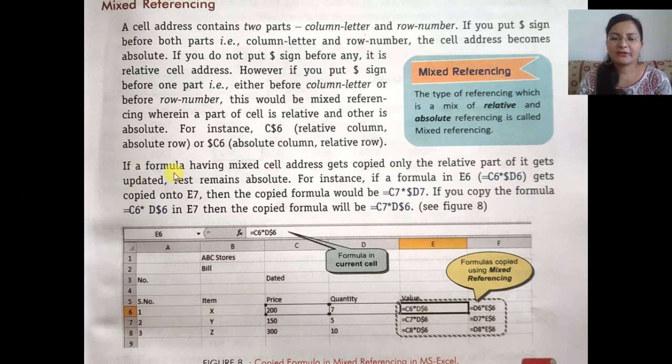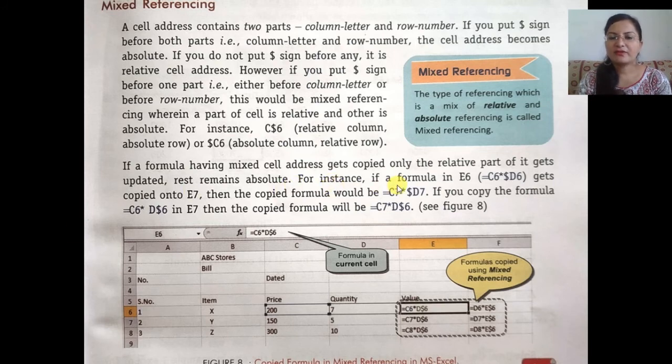So if a formula having a mixed cell address gets copied, only the relative part of it gets updated. Got it? The relative part will change and the absolute part will not change. The rest remains absolute.